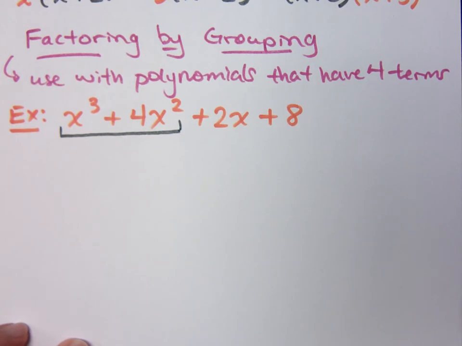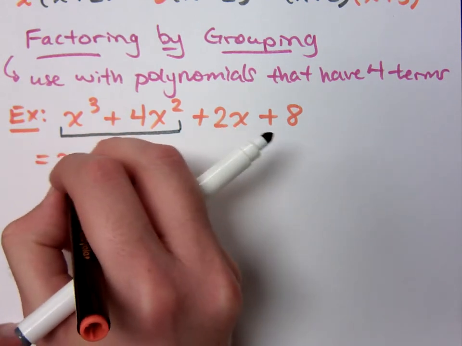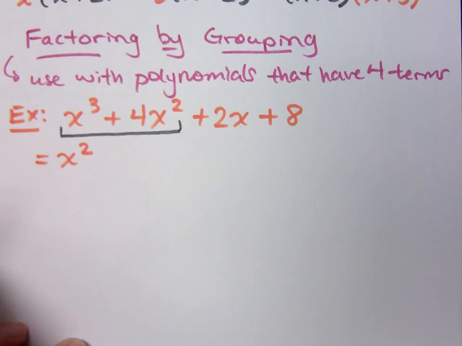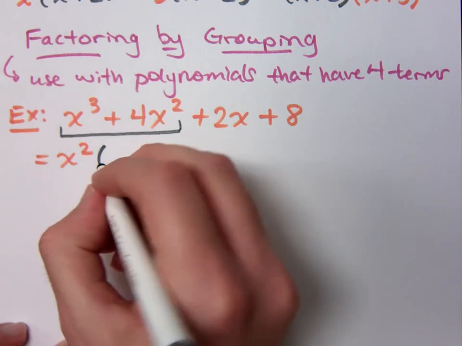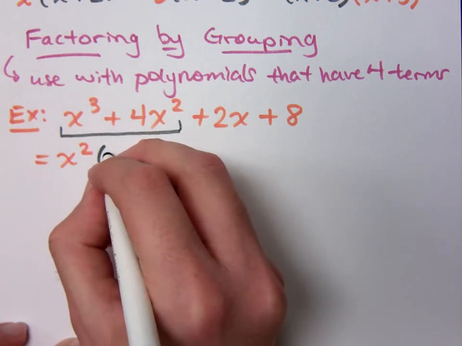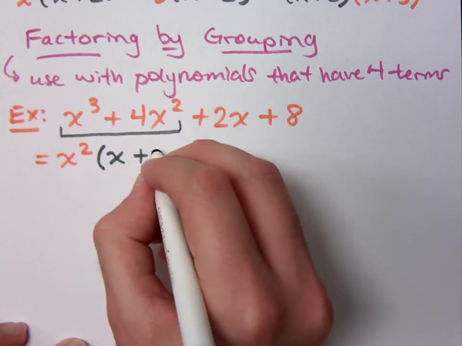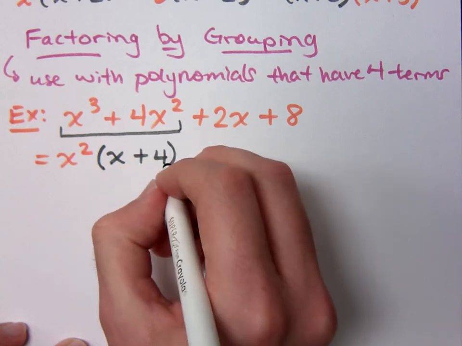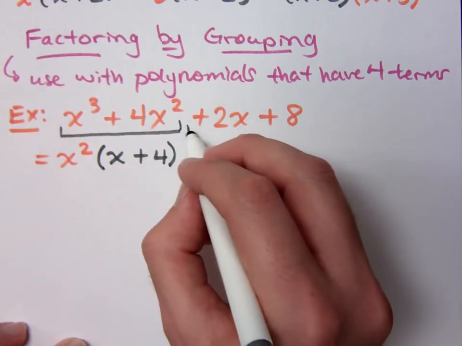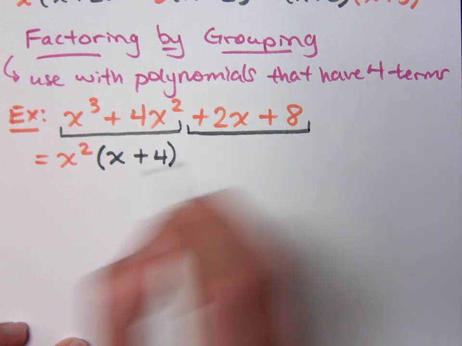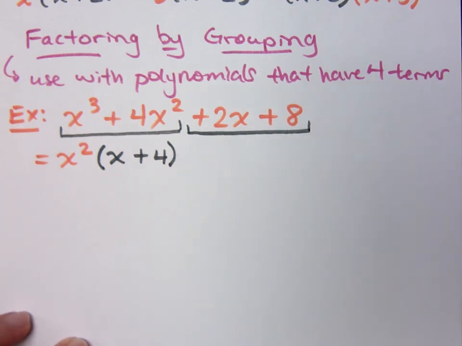What's the common factor? X squared. Okay, common factor is x squared. And if I factor out the x squared, what do I have? I have x plus 4. When I look at my second group, which contains the terms positive 2x plus 8, what's the common factor there? 2.